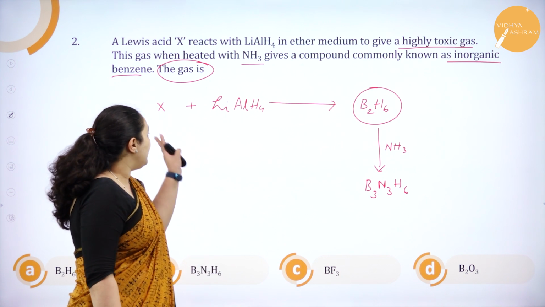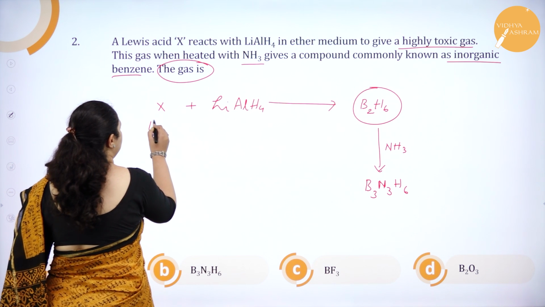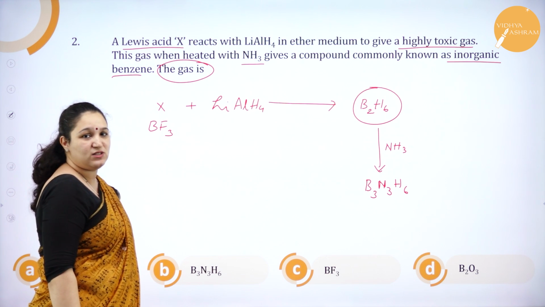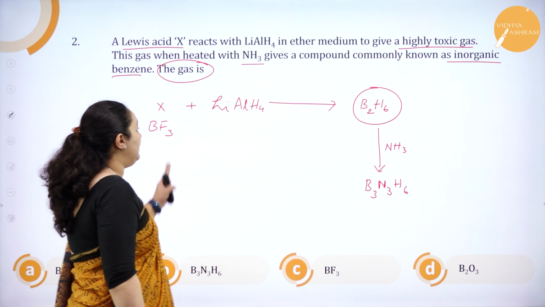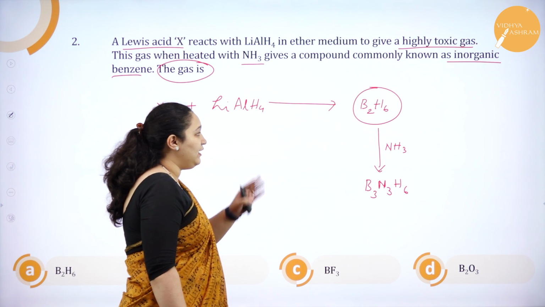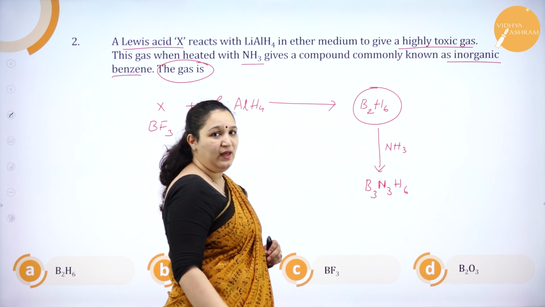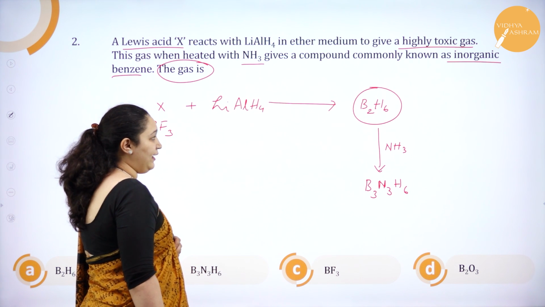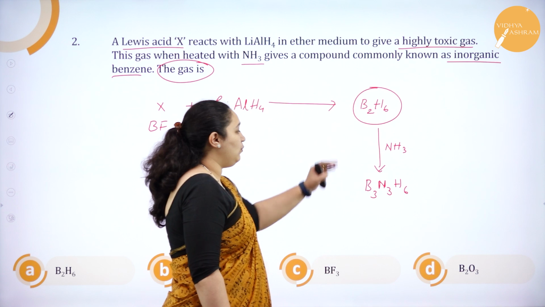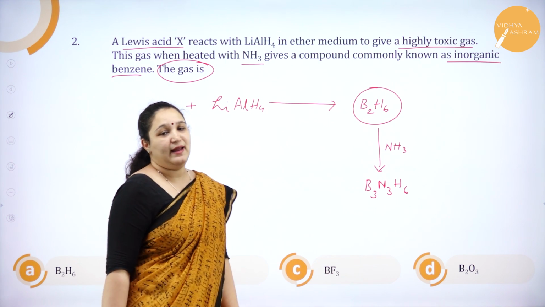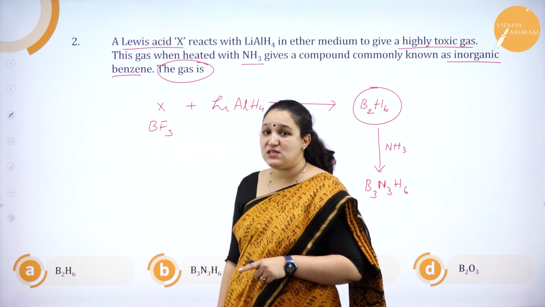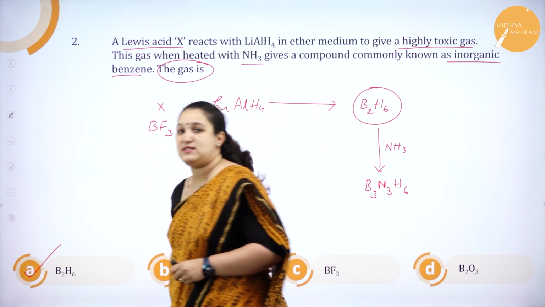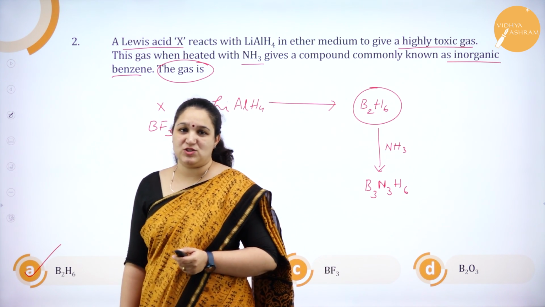Okay. So, what is X here? It is BF3. They have given a hint. It's a Lewis acid. So, it is BF3. When it reacts with lithium aluminum hydride, it forms diborane. Okay. Then it forms lithium fluoride as well as aluminum fluoride, and diborane with ammonia gives inorganic benzene. So, the correct answer, that is which is the toxic gas, is B2H6. I hope you have understood.